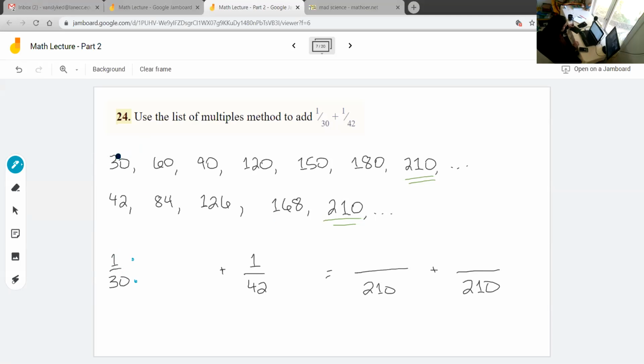If you couldn't see it, you can always label them. Times 1, times 2, times 3. So this was a times 7, top and bottom. This was a times 5, top and bottom.